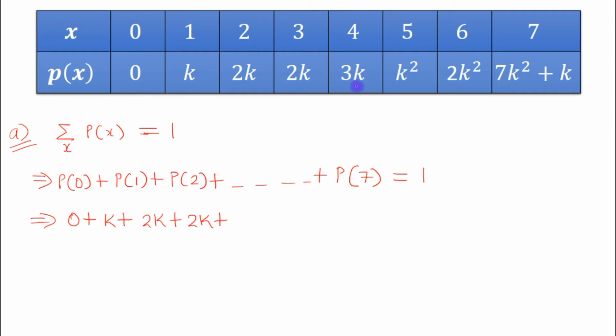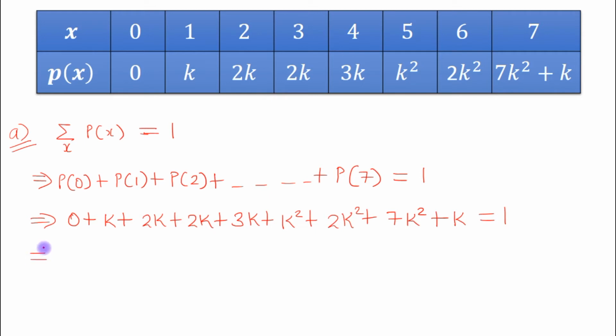Next 3k, next one k square, next 2k square, and the last one is 7k square plus k. So 7k square plus k equals 1.